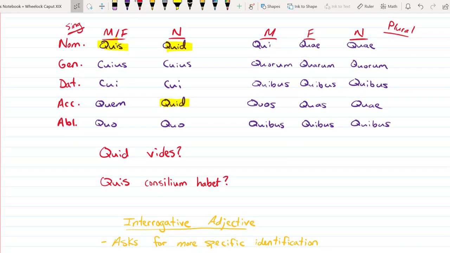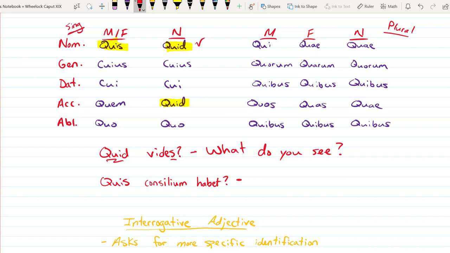So if we look at sentences here, like quid vides, you have vides as your verb, you see, and then quid is neuter and a noun. So we would say something simply like, what do you see? Right? There's no noun there, so it's just asking for some basic what thing do you see, right?